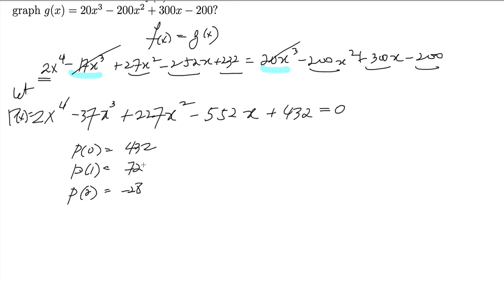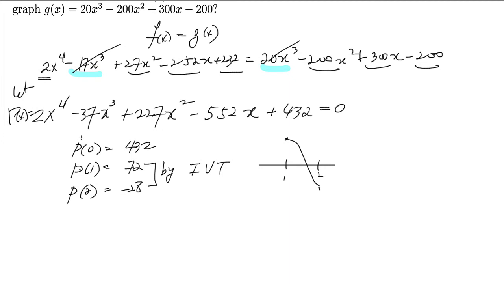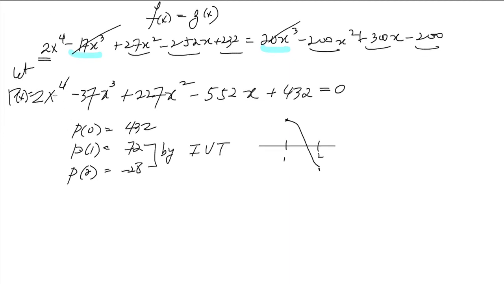Let's plug in 2, and we get minus 28. That means by the intermediate value theorem, there has to be a root between 1 and 2, right? At 1, the graph was positive. At 2, the graph was negative. So it must have gone through 0. So by the rational zero theorem, what rational roots are possible with the coefficient of 2 and the last constant term of 432?